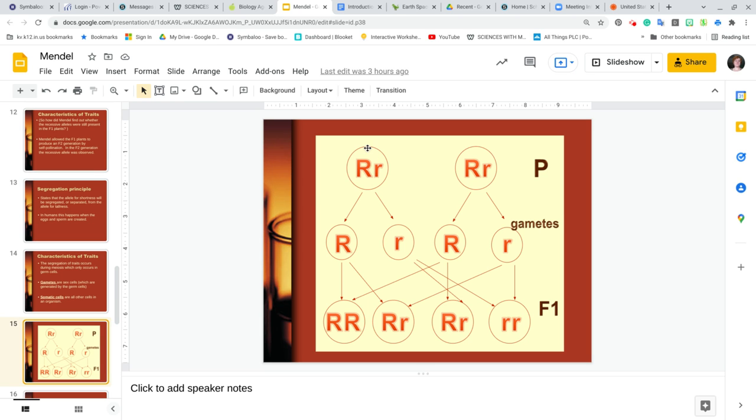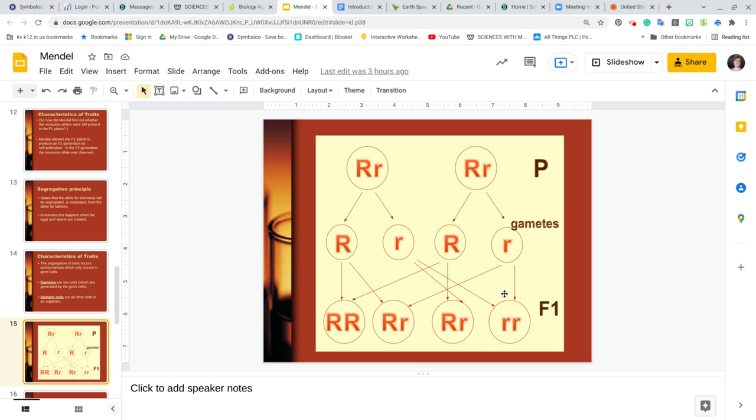So here is an organism who is heterozygous for round and wrinkled. So we're back to the pea plant. They can produce either round or wrinkled gametes. One or the other. And then we can produce all these variations in the F1 generation. This is what it would look like if we did not do a Punnett square.